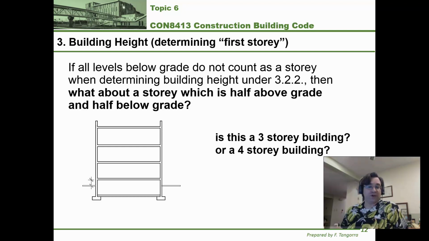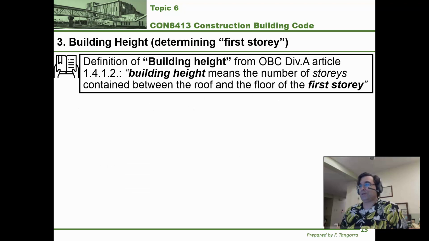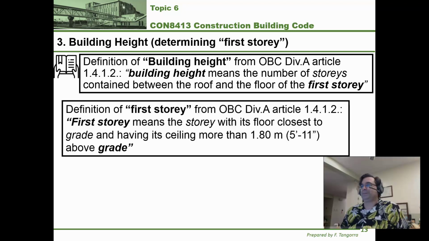Well, the building code provides guidance for that. Okay, the building code basically, first of all, defines building height again as the number of stories from the first story to the roof.